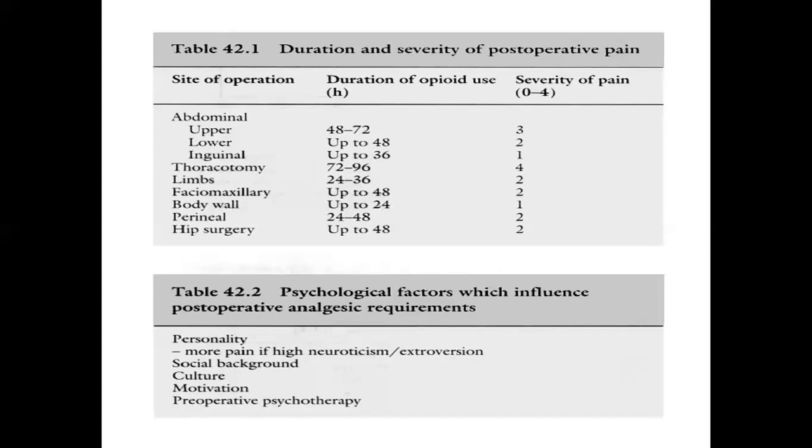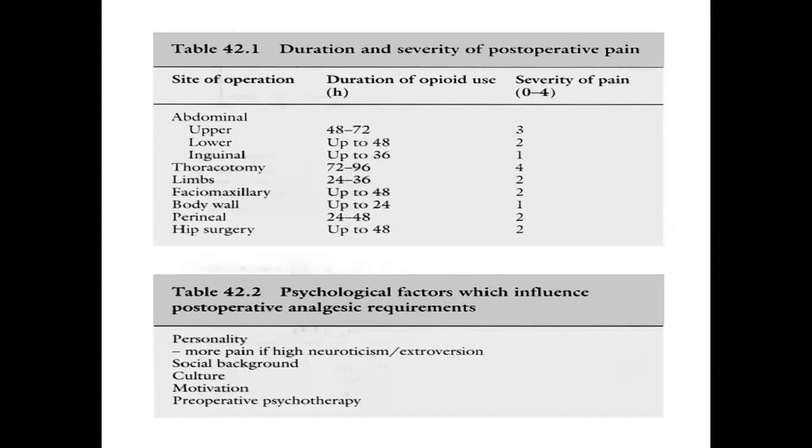There is another scale, the visual analog scale, which contains certain faces, and you can correlate the face present on it with the face of the patient. By that you can decide what severity of pain is present in this patient.